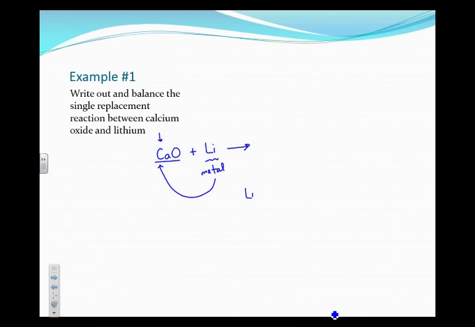We know that lithium has a +1 charge, while oxygen has a -2 charge, so my formula will be Li2O. The calcium now is hanging out by itself because it got bumped. I end up with 2 lithium, and my reaction is balanced.